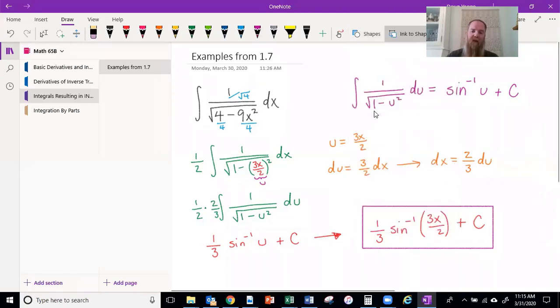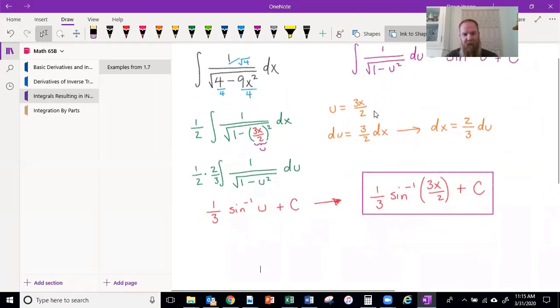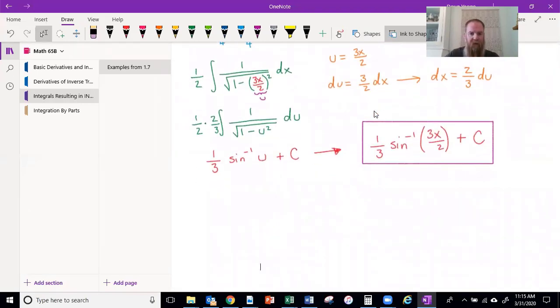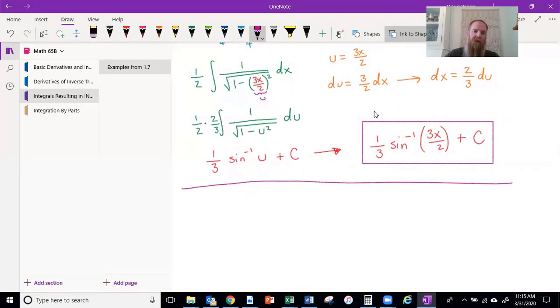Okay. I'm going to show a slightly different way here, because what I'd like you to take a look at is a little bit interesting. I'm going to rewrite this function. We get 1 over the square root of 4 minus 9x squared dx.